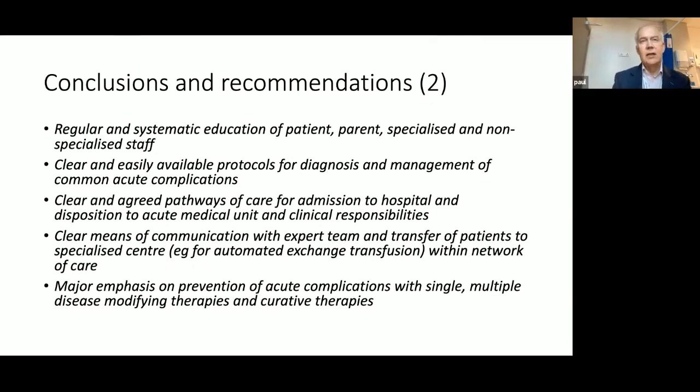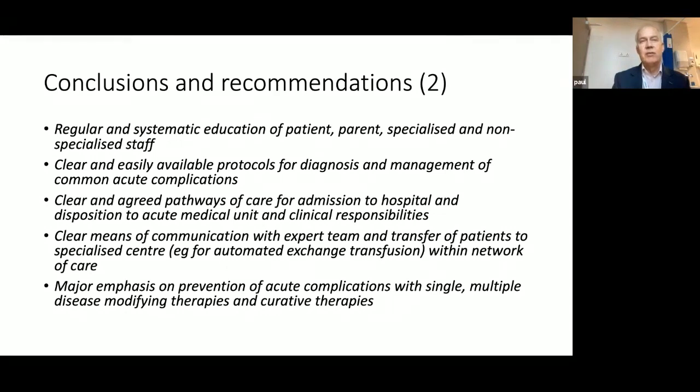Finally, I think the other principle, which I haven't talked about in this talk, but I'm sure will be covered by others, is the need to prevent these complications. We've talked about how we might prevent pneumococcal infection with antibiotics and with pneumococcal vaccination, but preventing acute sickling complications does involve disease-modifying treatment.